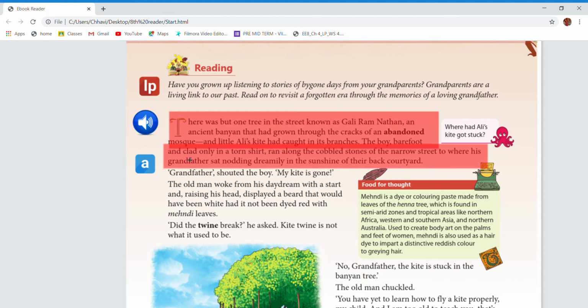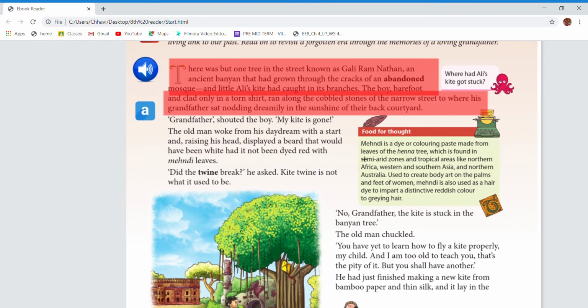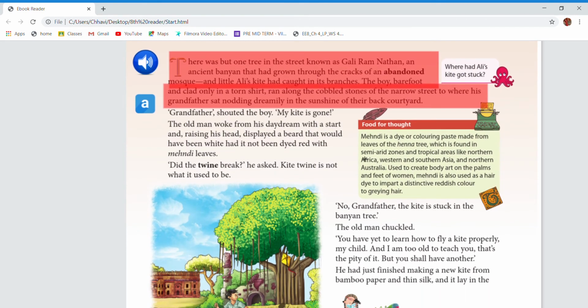Torn is the past tense of tear. And he was running along the cobbled stones of the narrow street. Cobbled means paved, covered with stones. He was running on a street covered with stones, and it was a narrow street, a thin street.